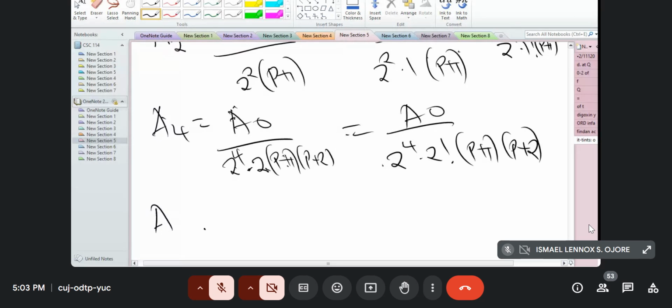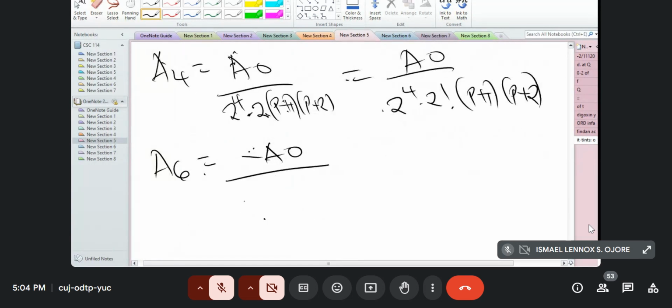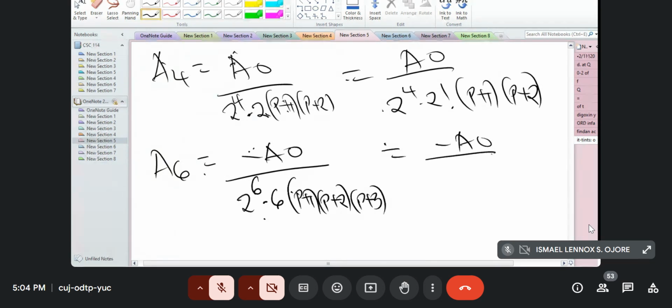What is our A6? Is it positive or negative? Negative. Minus a naught divided by 2 power 6 times 6 times p plus 1, p plus 2, p plus 3. If I say that this is minus a naught divided by 2 power 6, how can I write 6 in terms of the factorial? 3 factorial. So p plus 1, p plus 2, p plus 3.